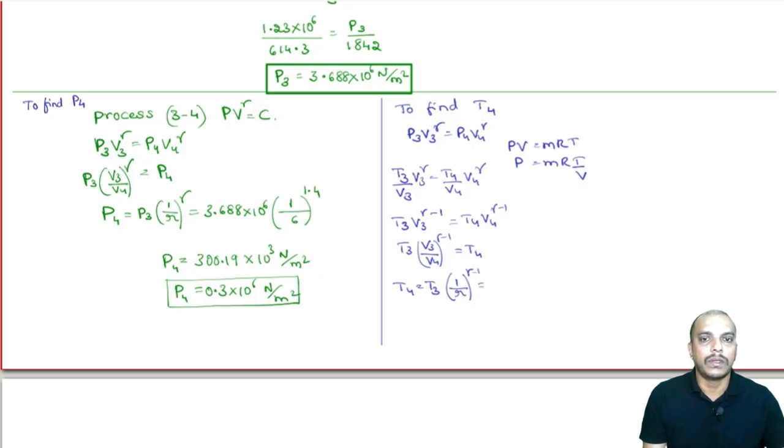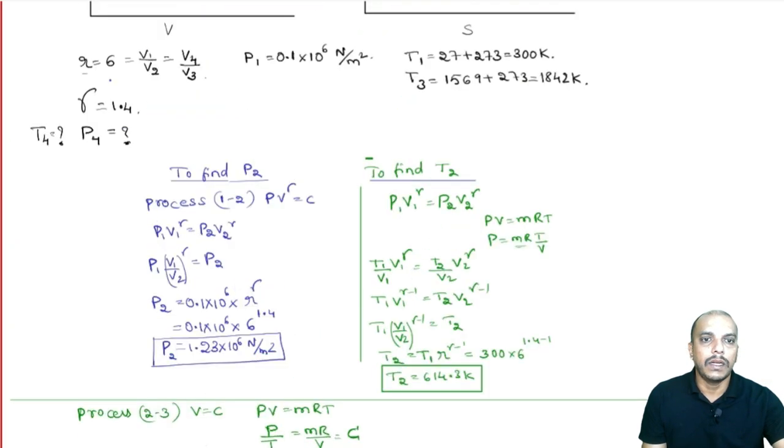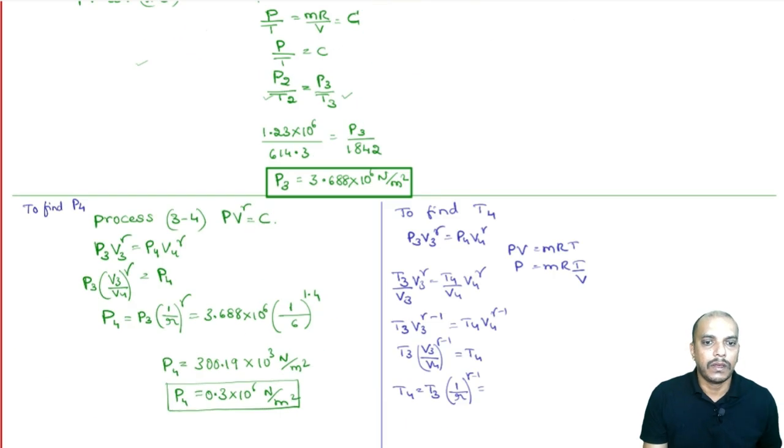So, T3 is known to us, 1842, and 1 by r is the compression ratio 6, with power 1.4 minus 1.